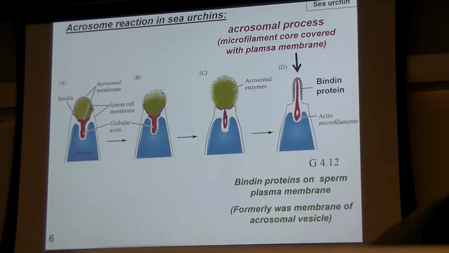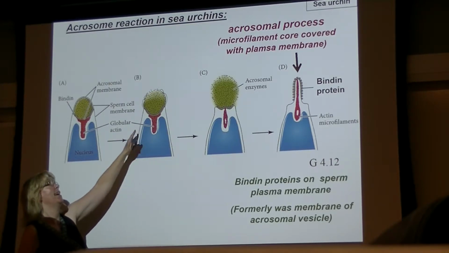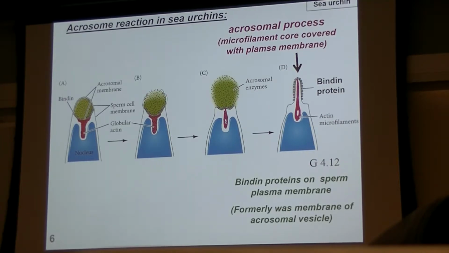Initially this is completely surrounded by membrane, but then after the sperm contacts the jelly layer, the membrane of the vesicle and the membrane of the sperm cell fuse, and all those green dots indicate the contents of that acrosomal vesicle being exocytosed. Does that make sense? Okay. All right, so now let's look at another event that's happening here.